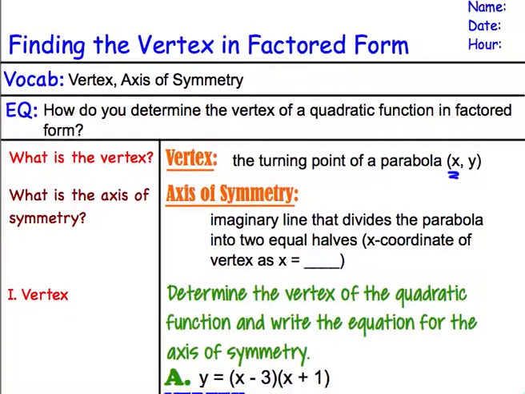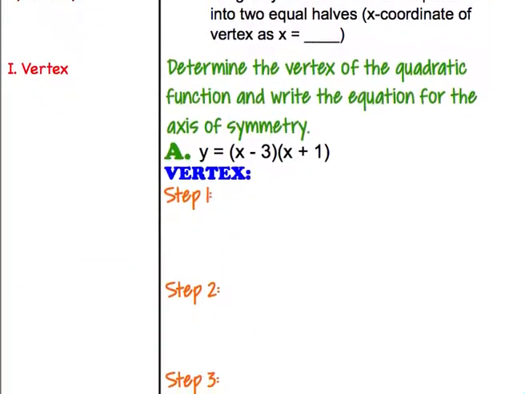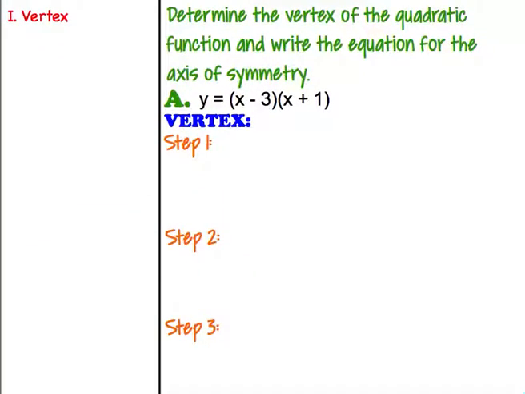So let's take a look at a couple of examples. Our first example, we want to determine the vertex of the quadratic function and write the equation for the axis of symmetry. Our equation is y equals (x minus 3) times (x plus 1). Our first step is to determine the zeros. If you recall from last week, that's where y is 0.